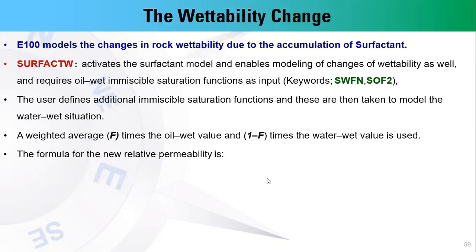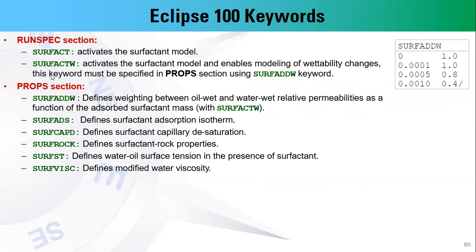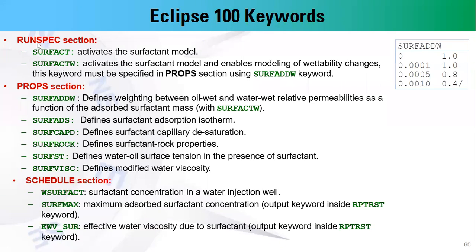And the last parameter is the wettability change. As mentioned, surfactant will change or modify the wettability of the rock based on surfactant concentration according to this equation. So these are the Eclipse 100 keywords used in the surfactant model in different sections. I will not go through them in more detail.